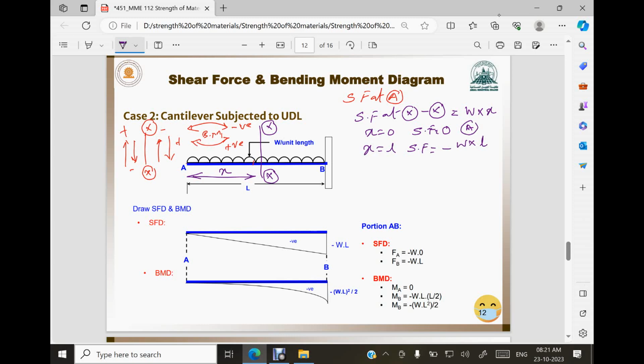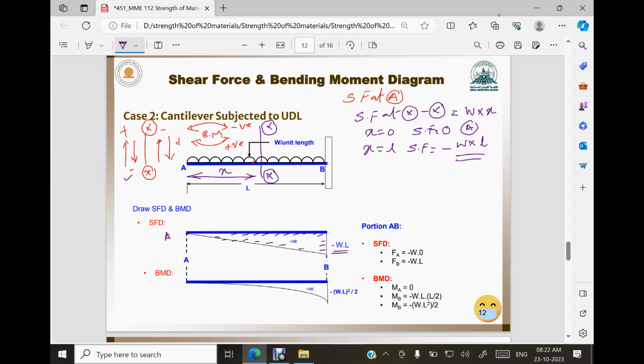Because left side downward is negative. So that's what he is doing over here. At point A, shear force is 0. At point B, shear force became minus WL. Is this clear? It is negative because we have followed the sign convention. This is your shear force diagram.